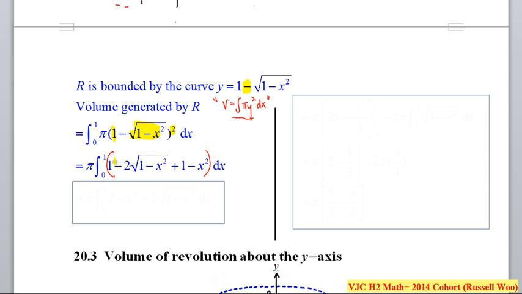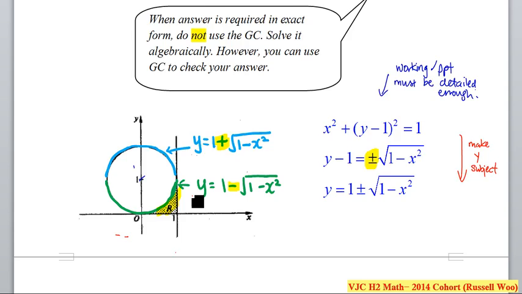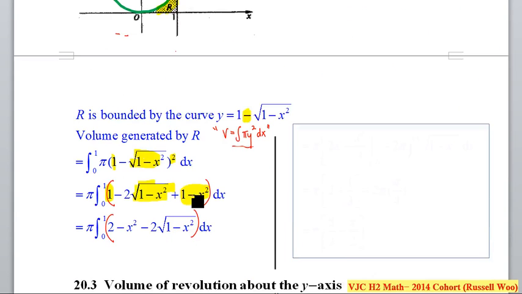Again, this is a squared minus 2ab plus b squared. Correct? And then you have clearly shown this. Yep. Is that what they want us to show? Yes. Let me see. Sure.